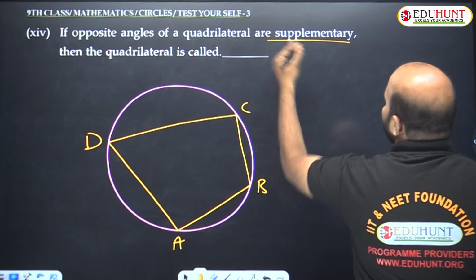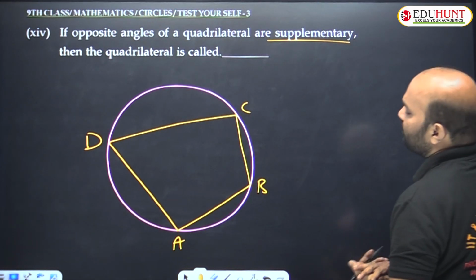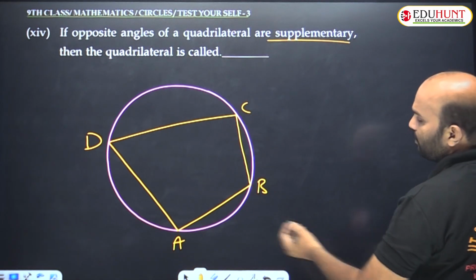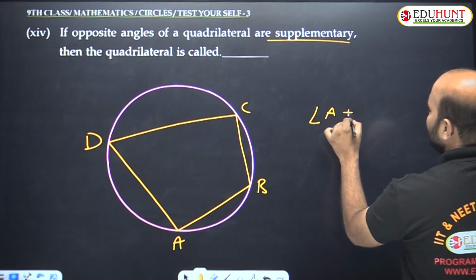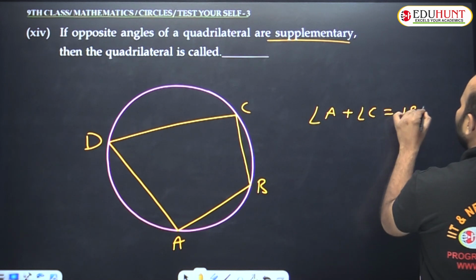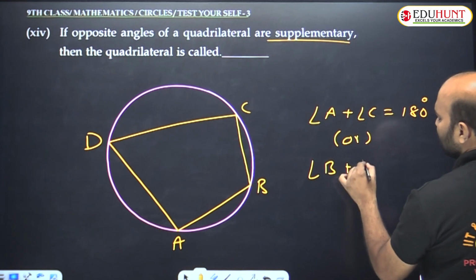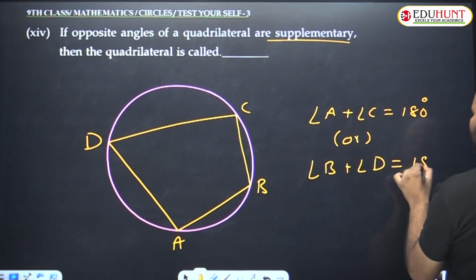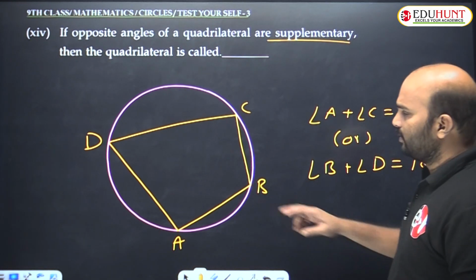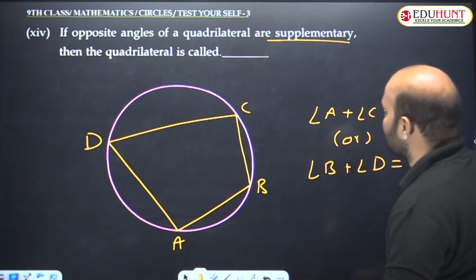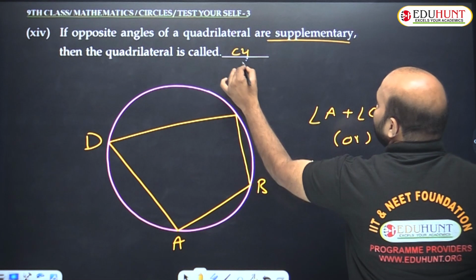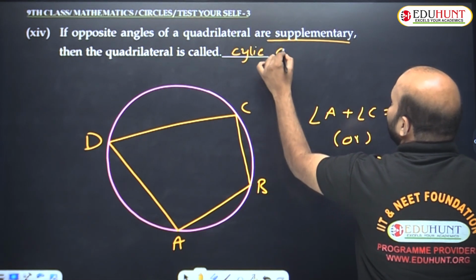Supplementary angles means the sum of the two angles equals 180. Here the opposite angles are supplementary, nothing but angle A plus angle C equals 180 degrees, or angle B plus angle D. So the sum of the opposite angles equals 180. So that quadrilateral is called a cyclic quadrilateral.